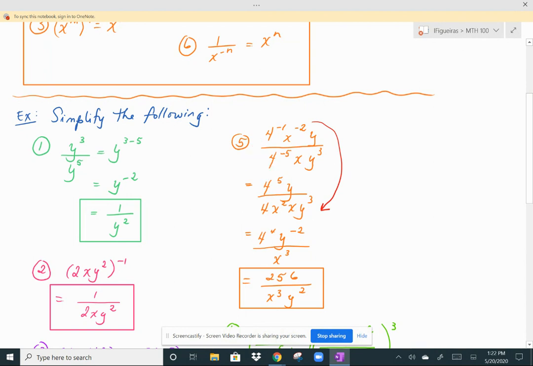So in other words, this y here is still here in the numerator. This xy cubed in the denominator is still here. So only move the expressions to the opposite position if they have a negative exponent, and then the exponents change to positive.